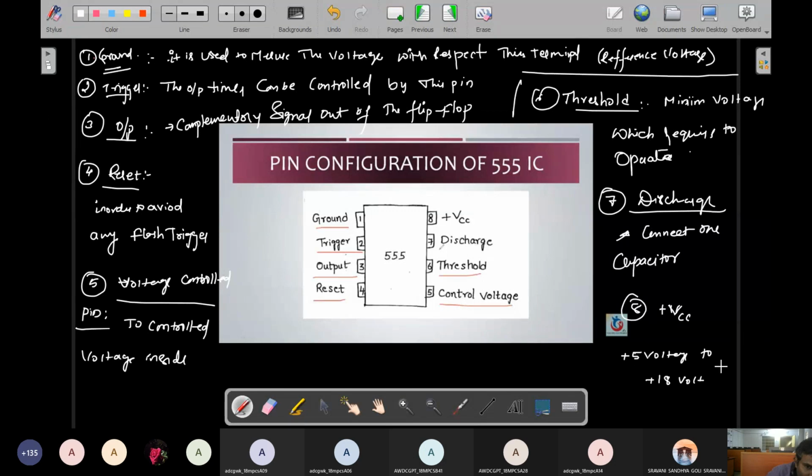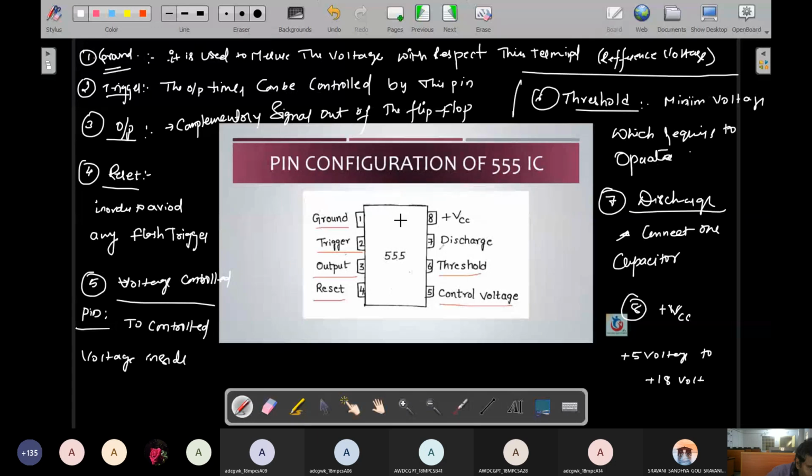It's working between 5 volts and plus 18 volts with respect to ground, which is pin 1. So plus VCC is the potential we are giving to this potential divider.